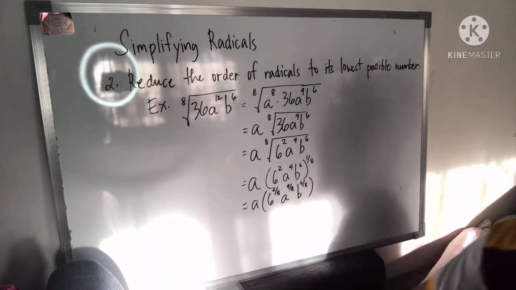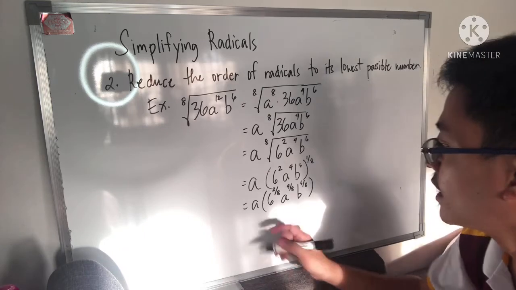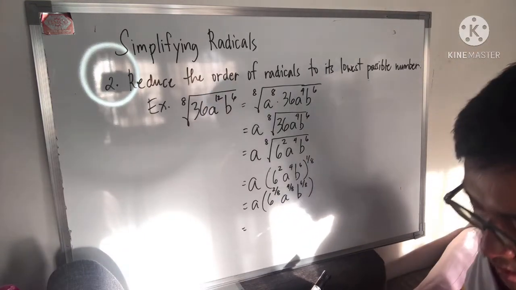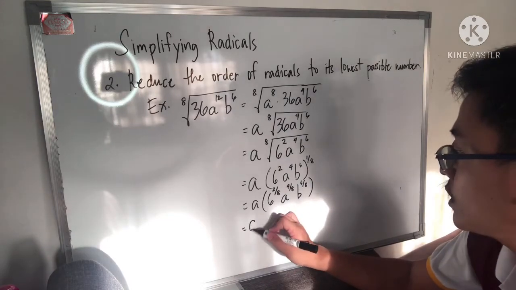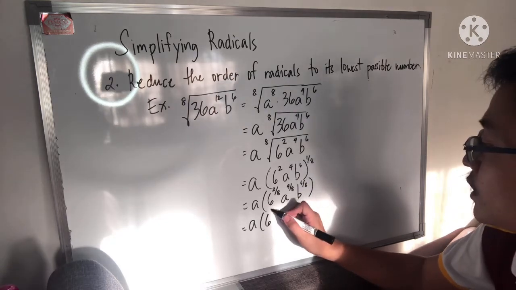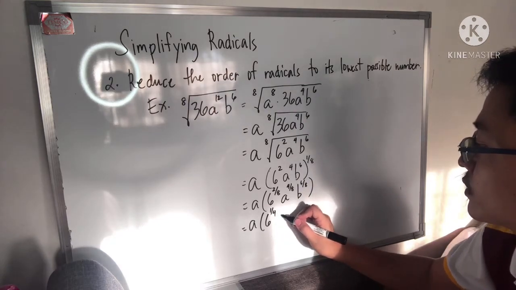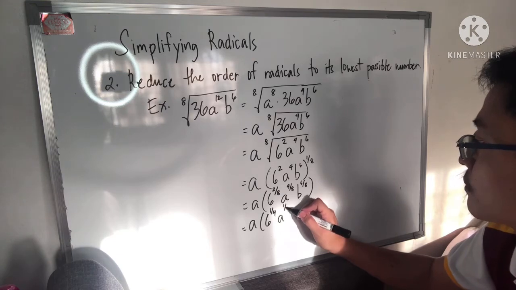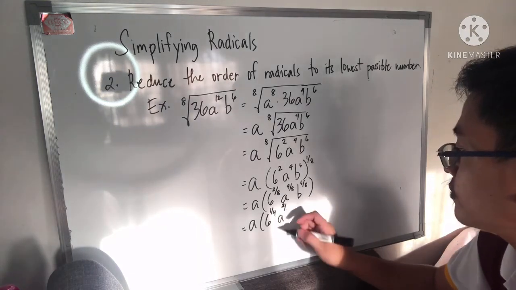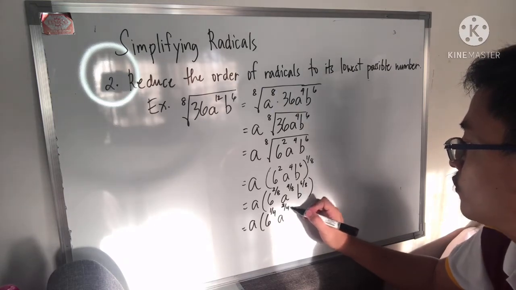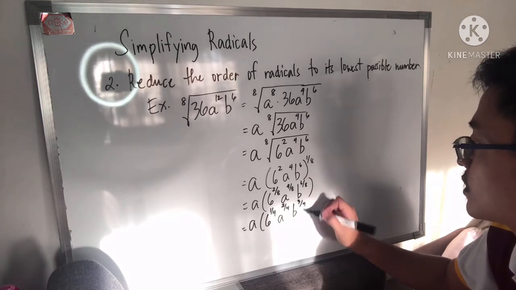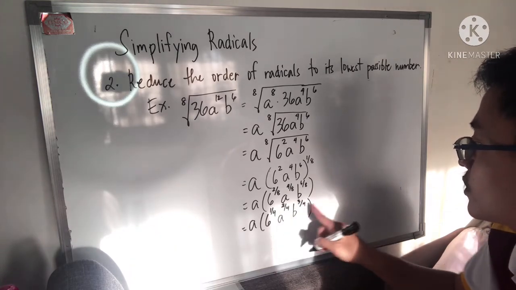Let's distribute it. And then we can write it in lowest terms. a times 6 raised to 2/8, that is 1/4. The a, that is 1/2. Actually 2/4 first, sorry, 2/4, because they must have the same denominator. Then, the b is 3/4. So, same denominator.